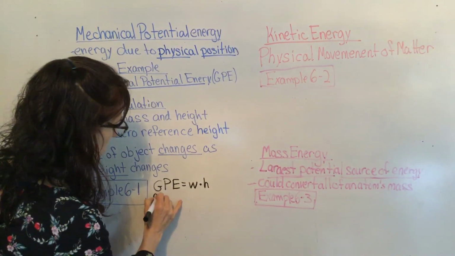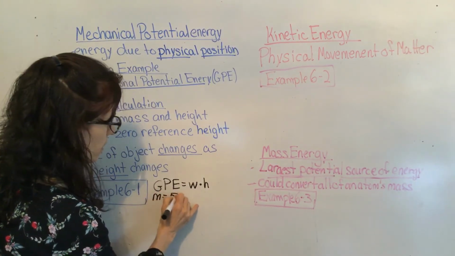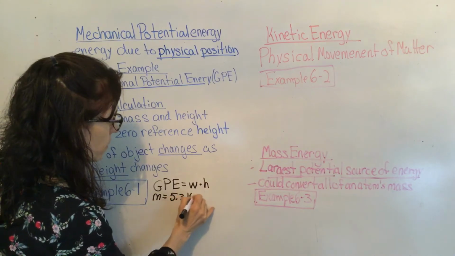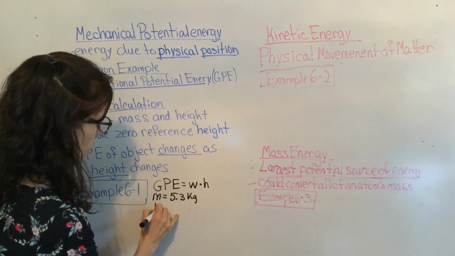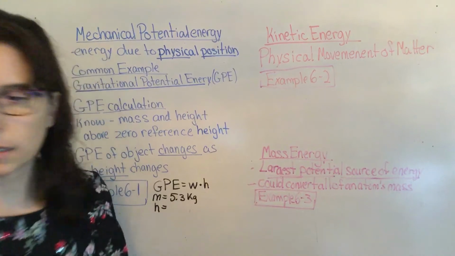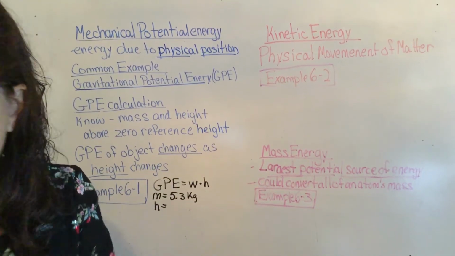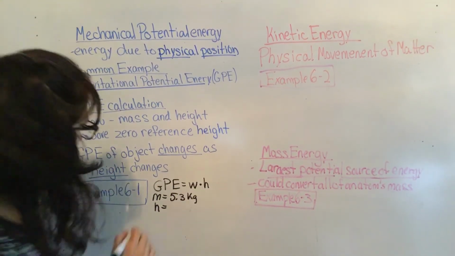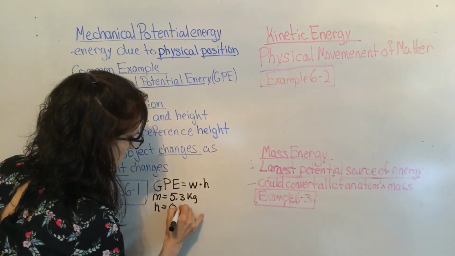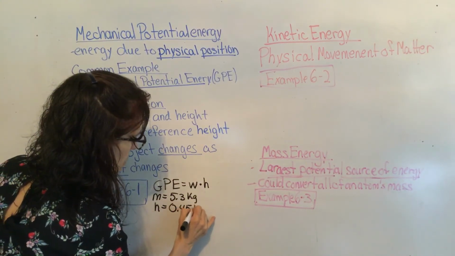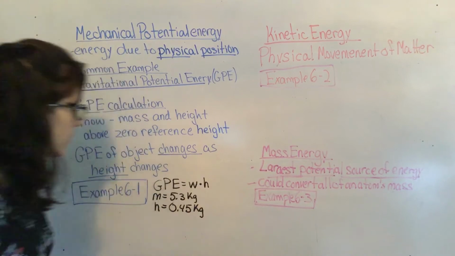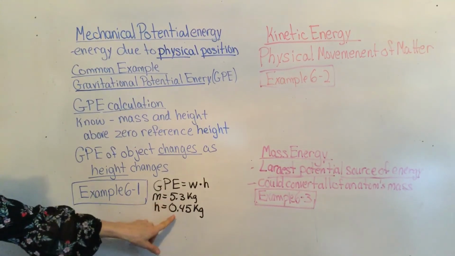We were given mass equals 5.3 kilograms. And we were given height equals, I've got to look at the book here, 0.45 kilograms. All right, so we have our mass and we have our height.